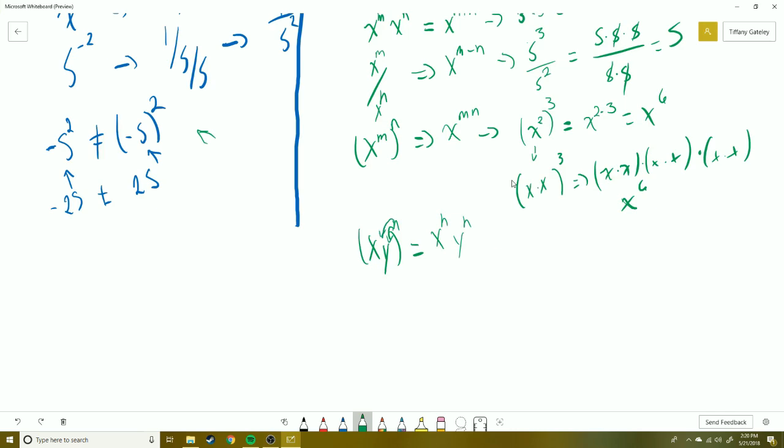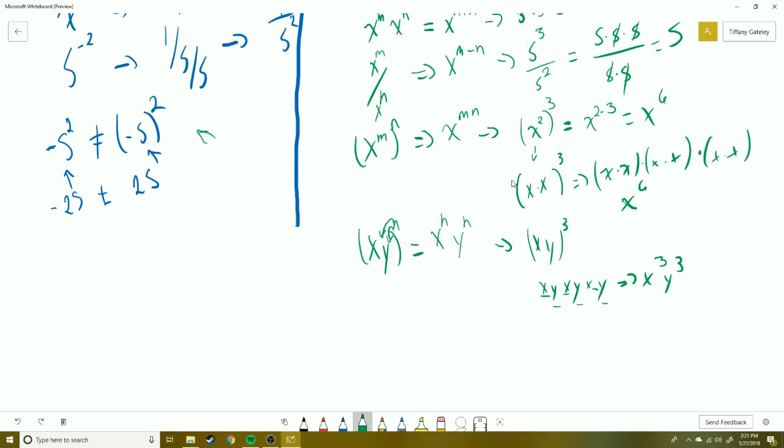Because again, if you rewrite this, you have xy to the 3rd, then you're multiplying your x's and y's 3 times. So you have xy, xy, xy, and then you can simplify that by combining like terms, and you'll have x to the 3rd, y to the 3rd, because you have 3 x's and then 3 y's. And that's why that works.